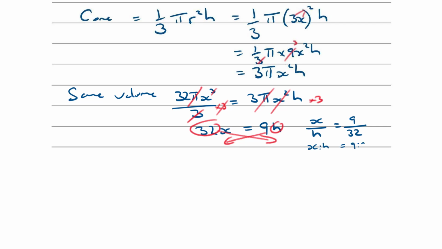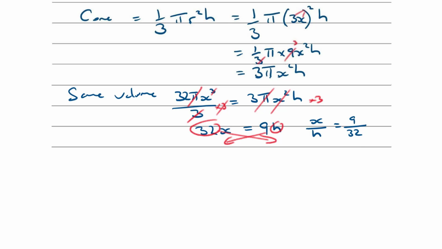Now, normally at this point then, I would just say then the ratio of x to h is 9 to 32, but that's not quite what the ratio is that we've been asked to find here. If you remember, the question asked for the ratio of the radius of the cone to the perpendicular height of the cone. So the radius of the cone is actually 3x and not just x, and the height of the cone is h. So I need to have a ratio of 3x to h, not the ratio of x to h.